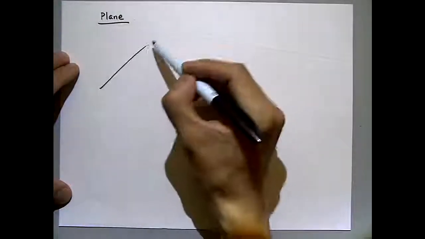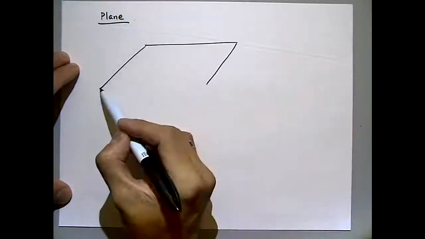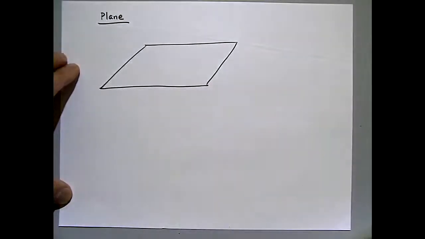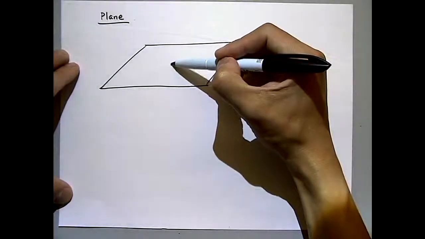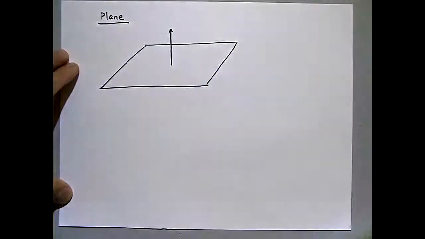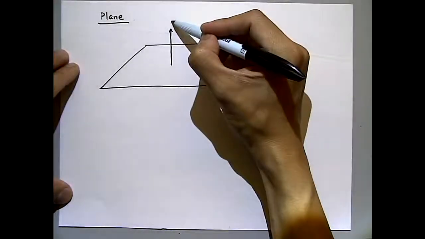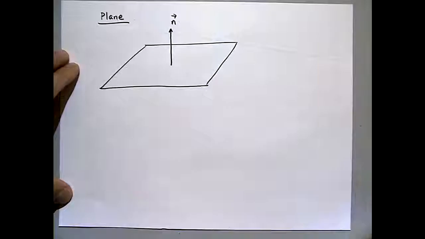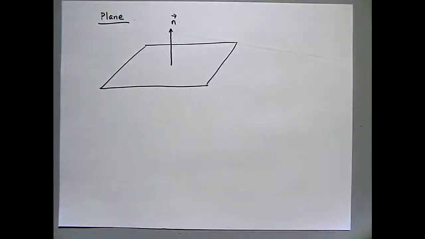Now imagine I have a plane, and think of the floor of this room as the plane we're looking at. If I can find a vector, let me call that vector n, that is perpendicular to the plane.